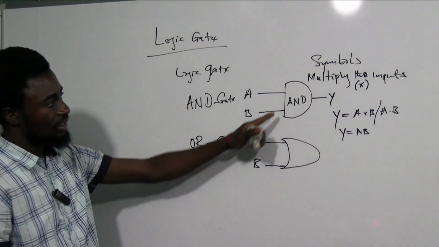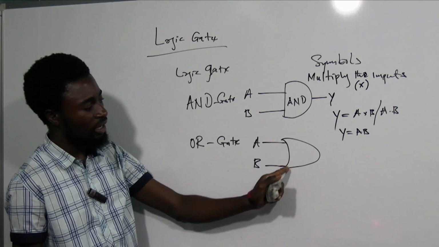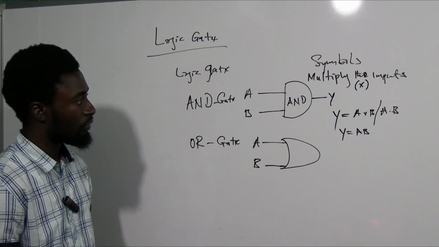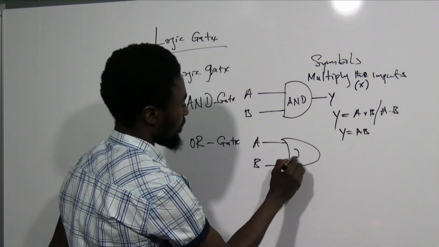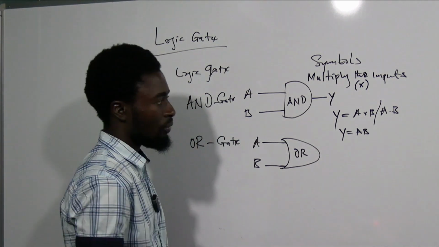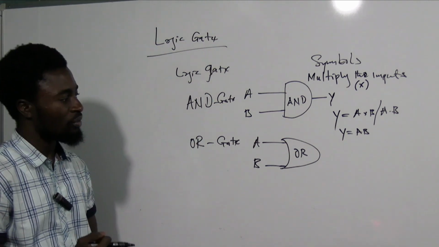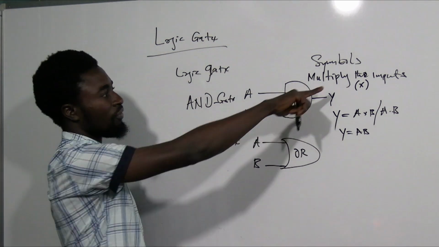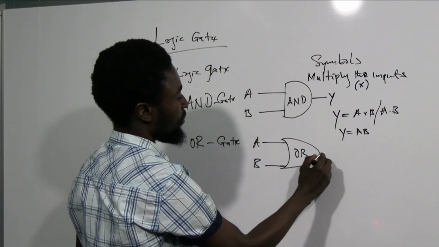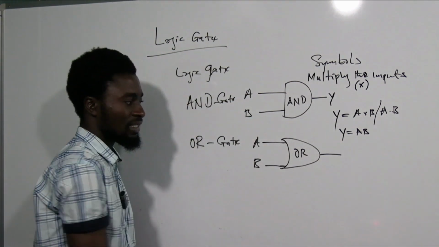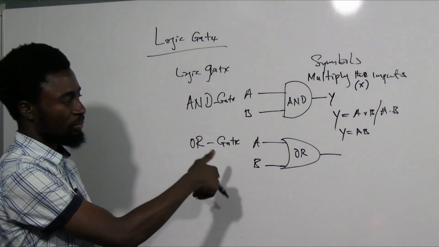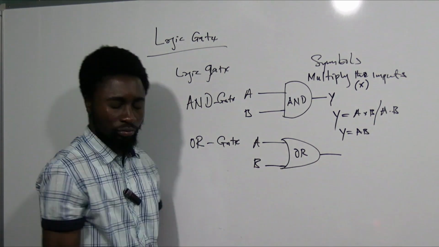Here is a straight line, and here we have a curve. So we call this one the OR gate. But the most important thing you have to look at here is the kind of operation that is being performed when the inputs pass through the OR gate.